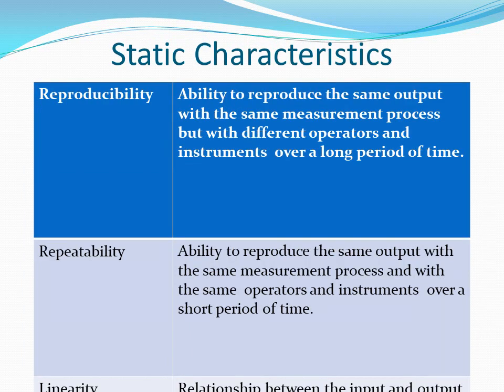Reproducibility, we know the name itself implies, is the ability to reproduce the same output for the same input with the same measurement process, but with different operators and instruments over a long period of time. That is, I am going to measure only the same 1 kg of apple.